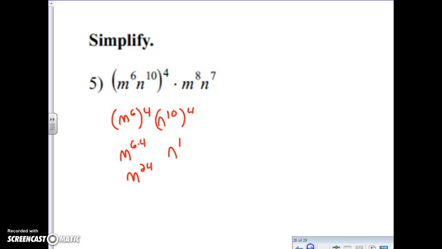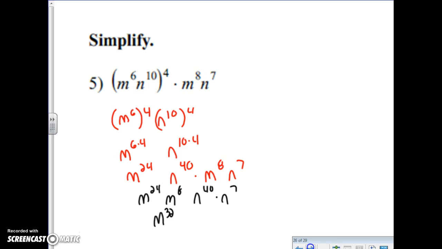And then I'm taking n to the 10 times 4 power, which is n to the 40th power, times m to the 8th, n to the 7th. So I have m to the 24th, m to the 8th next to each other, which gets me m to the 32nd. And I got n to the 40th times n to the 7th, which gets me n to the 47th power.